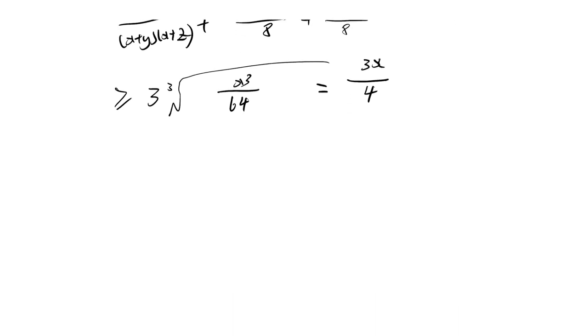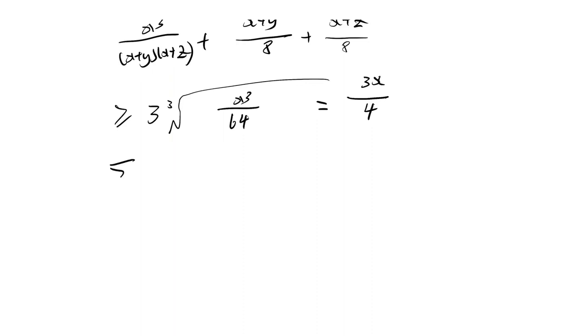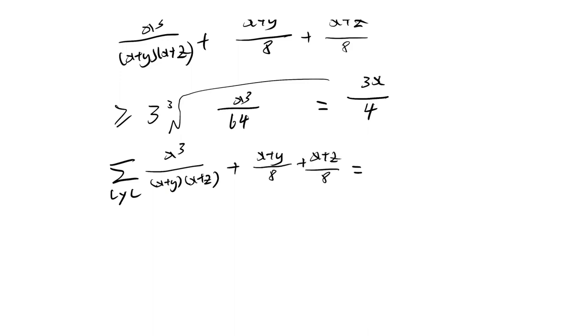And we can safely say that, similarly, the sum of x cubed over x plus y times x plus z, plus x plus y over 8, plus x plus z over 8, is larger or equal to 3 times x plus y plus z over 4, and we know this equals 1, so this simply equals 3 over 4.